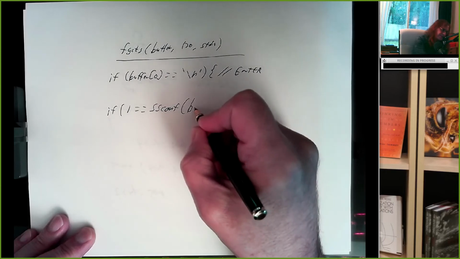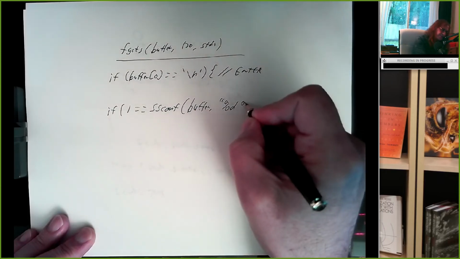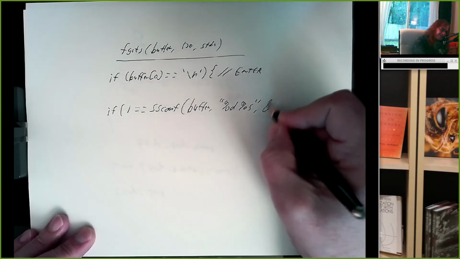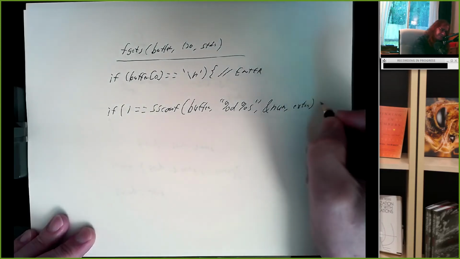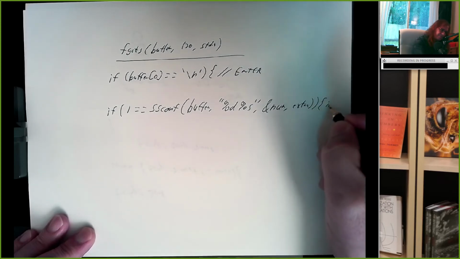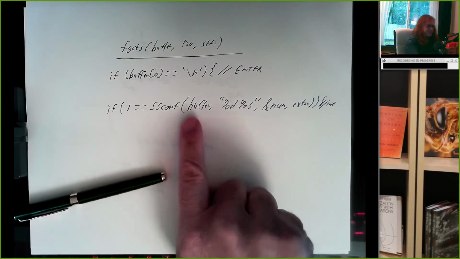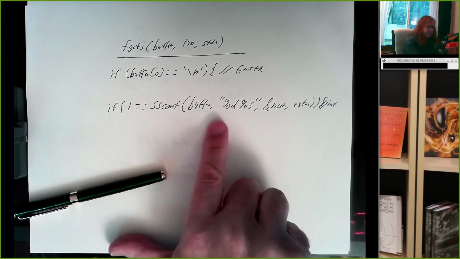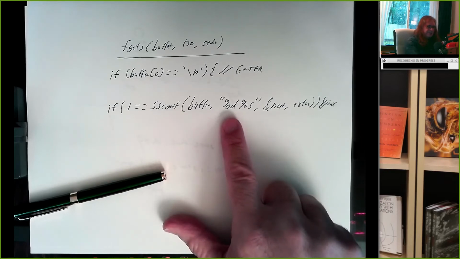You could do an scanf on buffer, "%d %s", address of number, extra. So if they didn't just hit enter, you could run buffer through scanf and look for a pattern consisting of an integer followed by anything else.